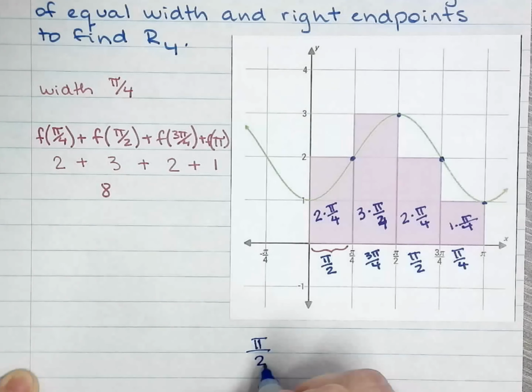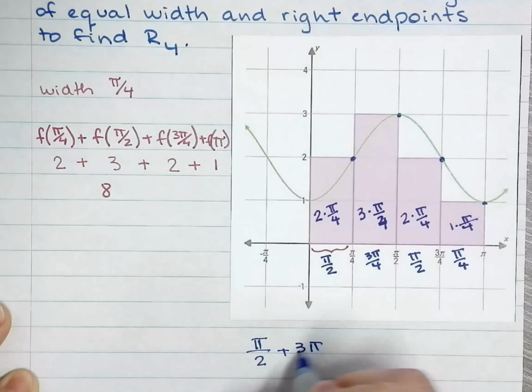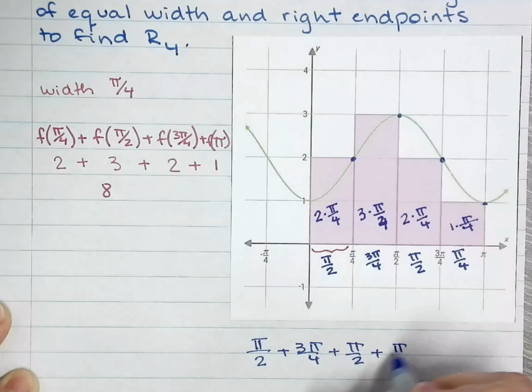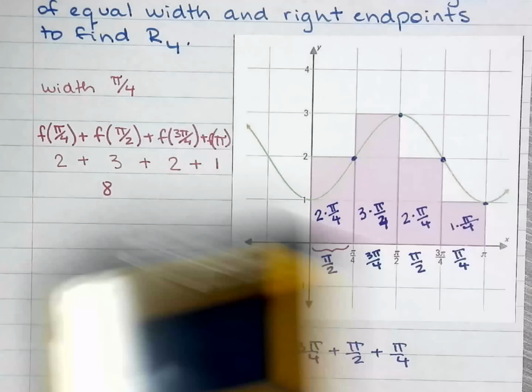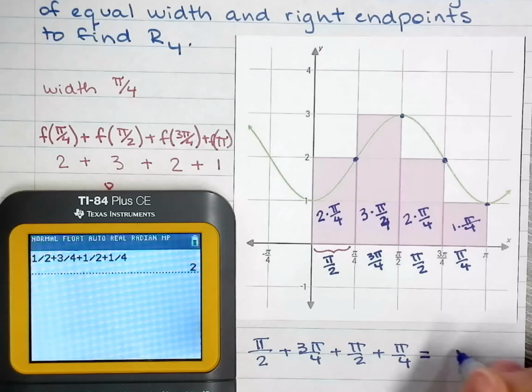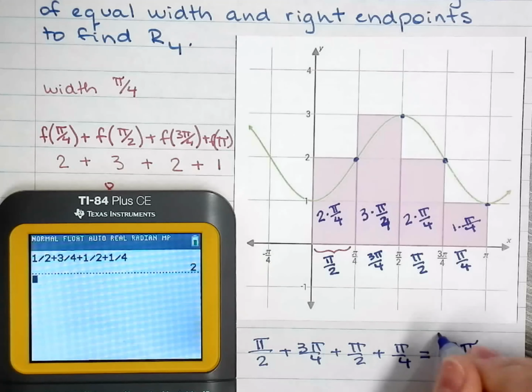So pi over 2, 3 pi over 4, pi over 2, and pi over 4. So these are all my areas. 1 over 2, 3 over 4, 1 over 2, 1 over 4. So I get 2 pi. So the area under this curve will be 2 pi.